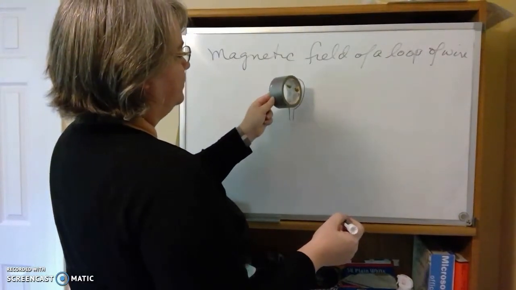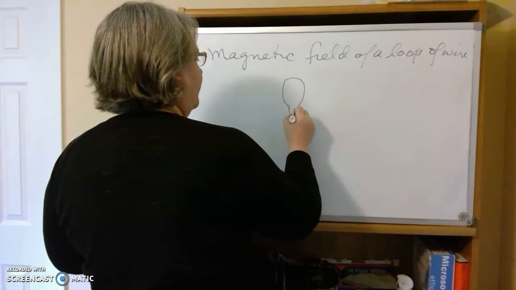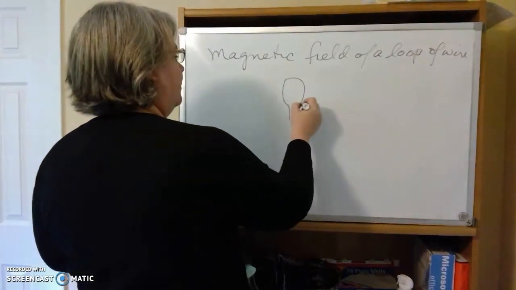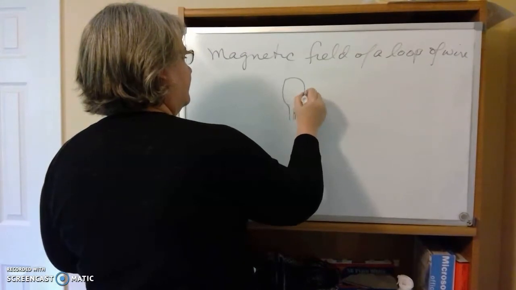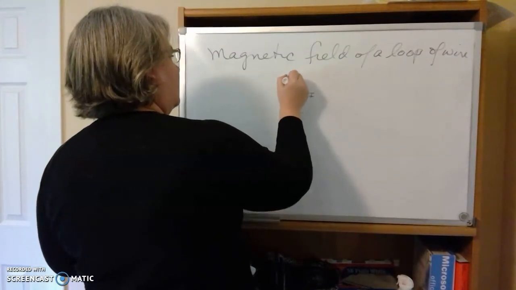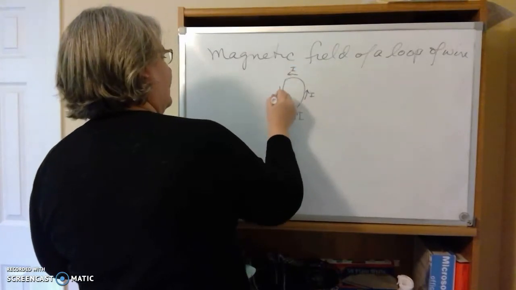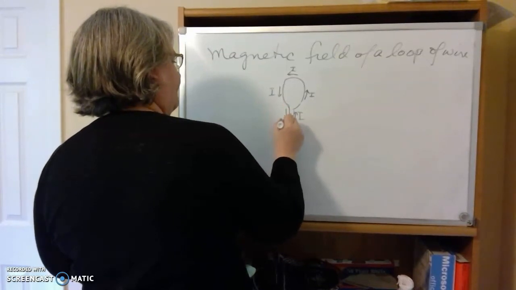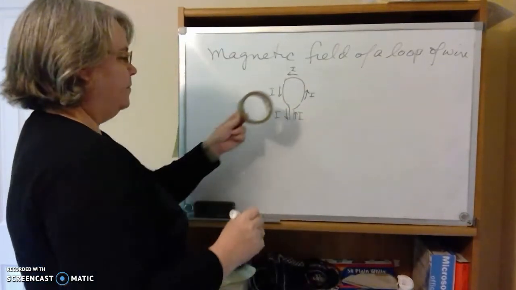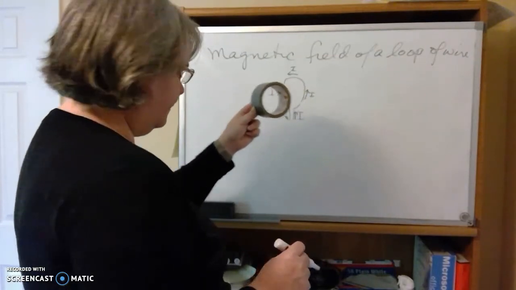So if I have current entering here, going around the backside, across the top side, and down the other side, all right? That's going to create a magnetic field according to my right hand rule.